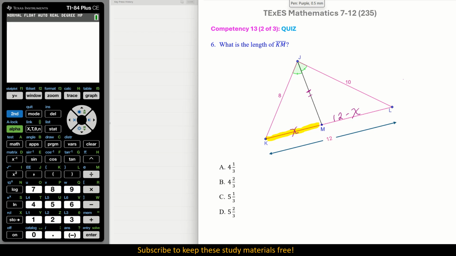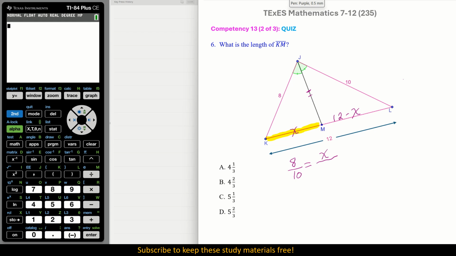We can say that we have 8 over 10 as a comparison, and that is going to be equal to, go back to the triangle with the 8 and call that X, and then go back to the other side.